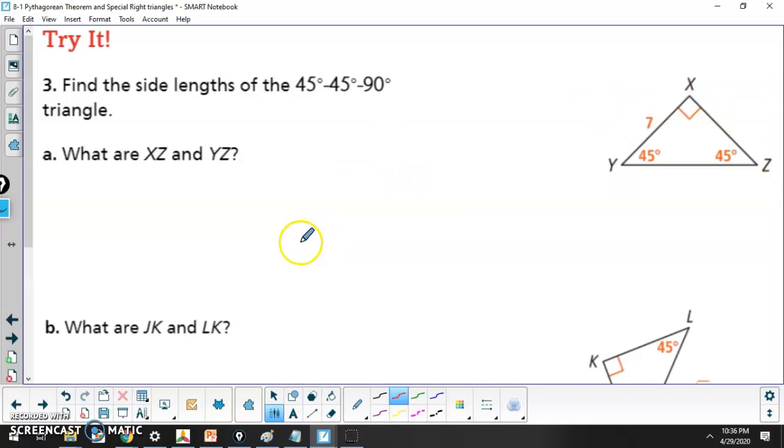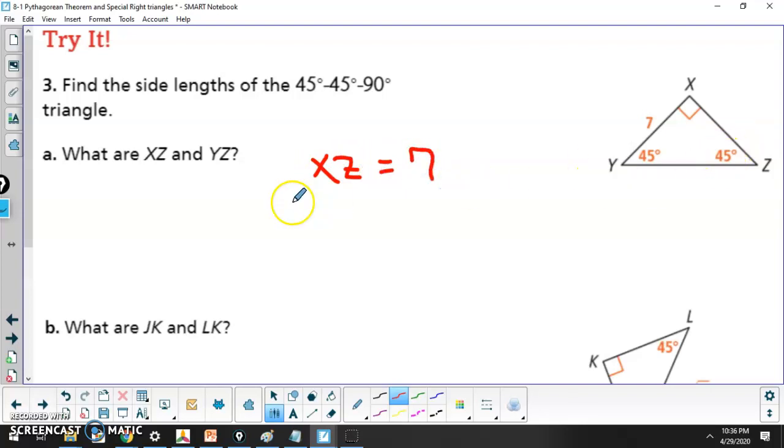Let's see. XY is 7. XZ, guess what? Because it's an isosceles triangle, XZ is also 7. That's the easy one.